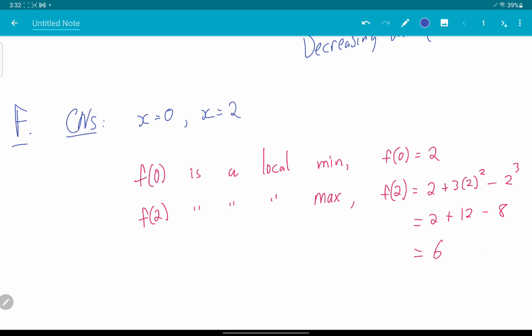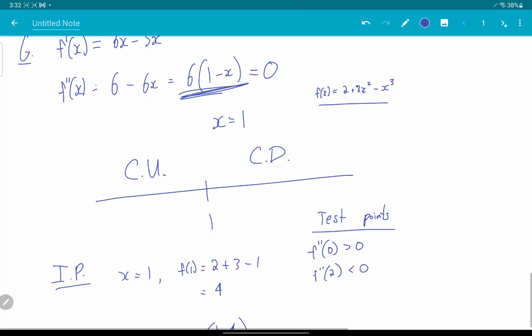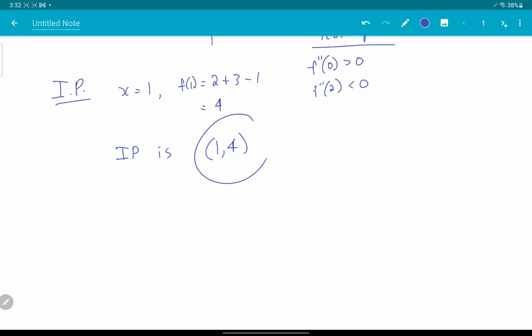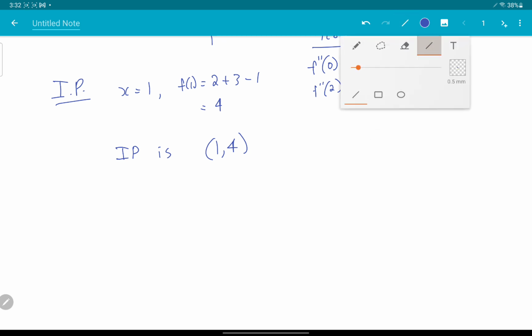Okay, so that's where I'll start. Here I got x is 0, y is 2. Here I got x is 2, y is 6. And here I got x is 1, y is 4.